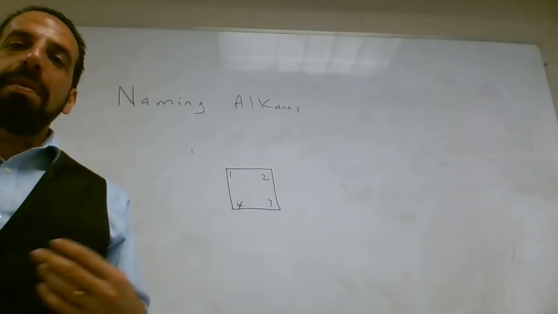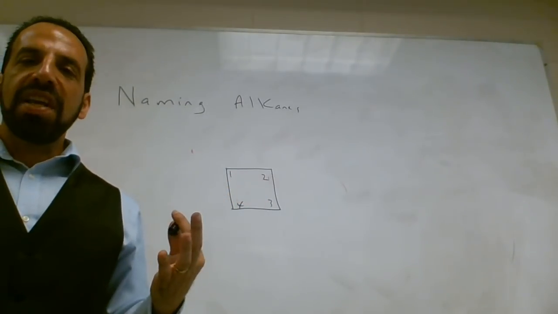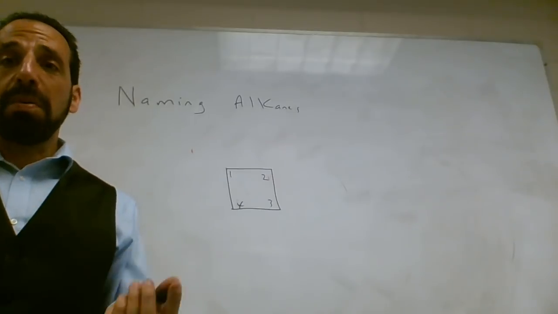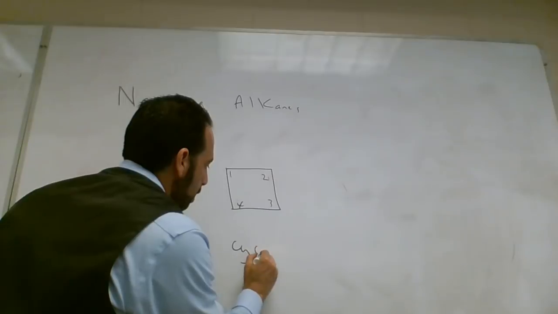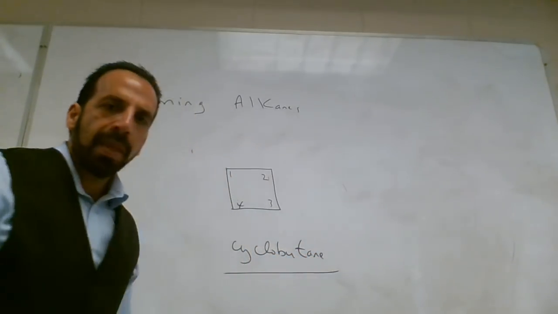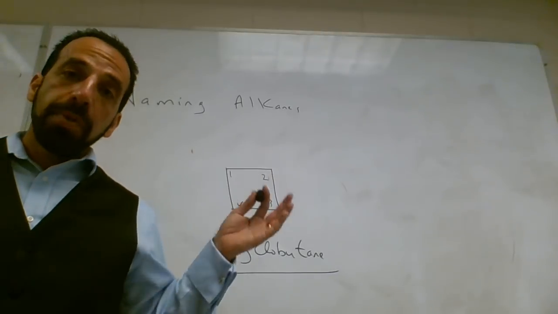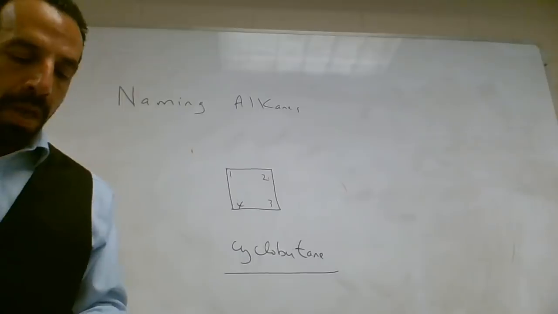A couple of things. When you number these, you can number it 1, 2, 3, 4. So again, we have the same rules. You want to number it so we have the lowest substituent on there. This right here, cyclobutane. It was butane, it was this 4, but now it's cyclic. So it's okay. That's cyclobutane.